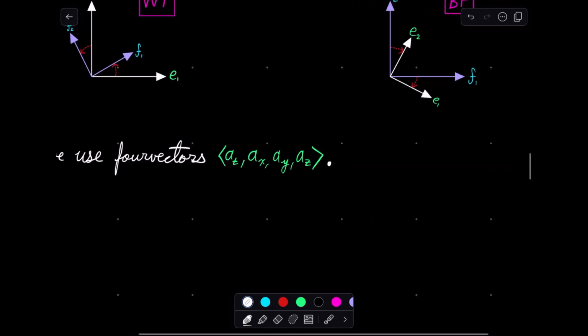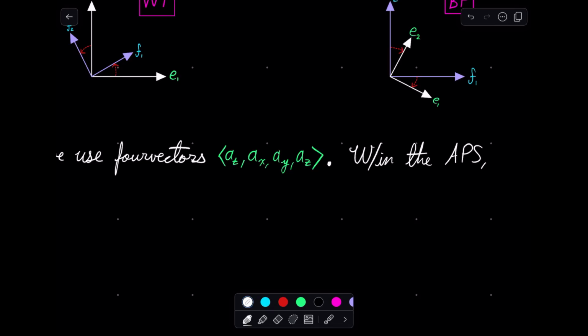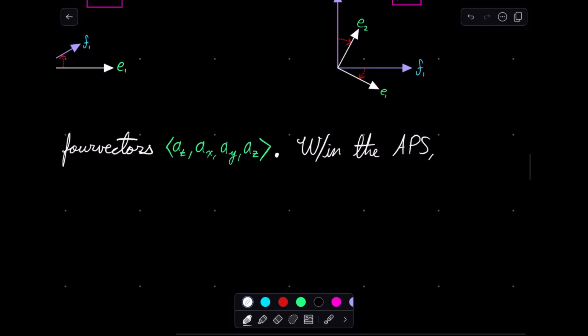Well, within the APS, the equivalent is a paravector.